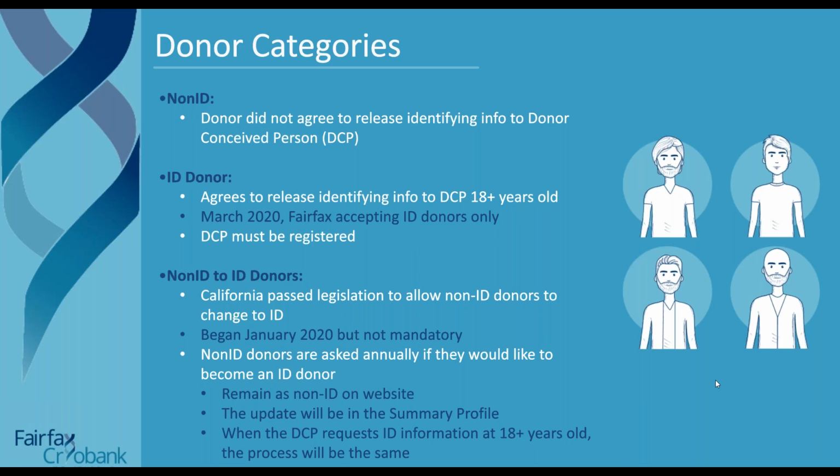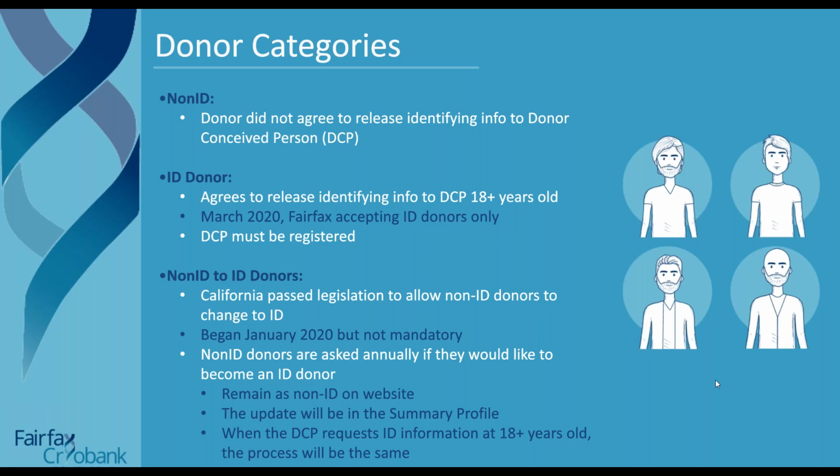Non-ID to ID donors. California passed legislation to allow non-ID donors to change to ID. This actually began in January 2020. It's not mandatory for all non-ID donors. However, we do ask them annually if they would like to become an ID donor. We don't change their status category.